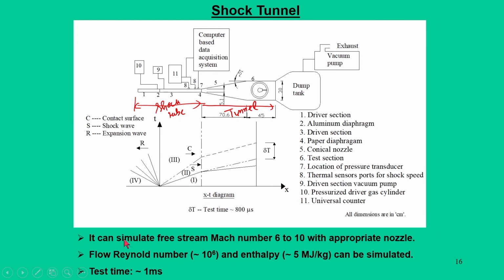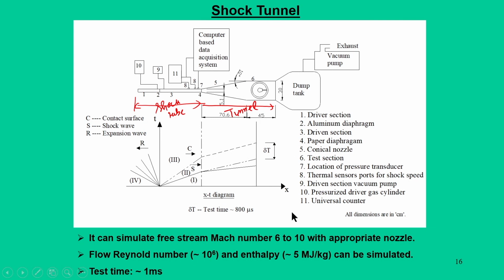Such facilities we call high enthalpy facilities, and they can cater Reynolds number of 10 to the power 6, and you can also have Mach number between 6 to 8, 6 to 10, depending on the nature of the nozzle we have. And here also the test time is limited to within 1 millisecond.